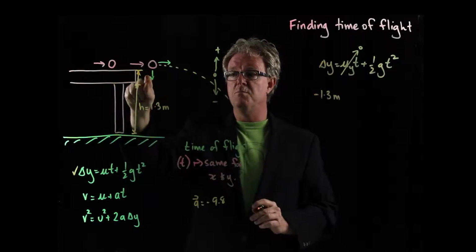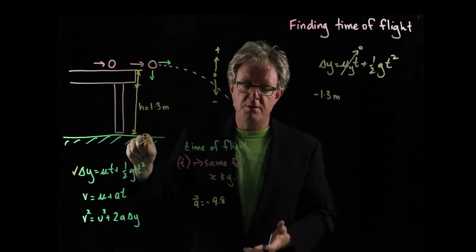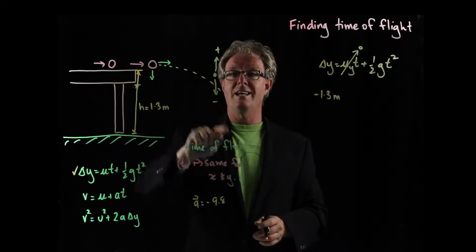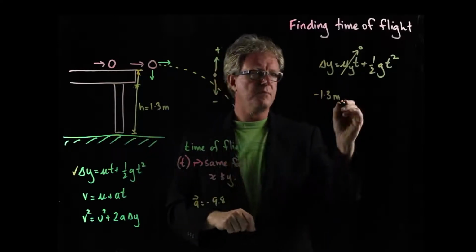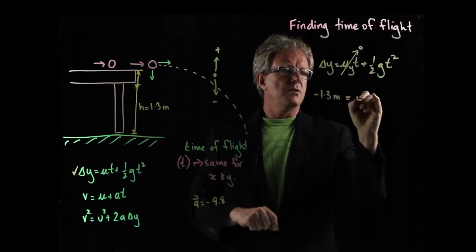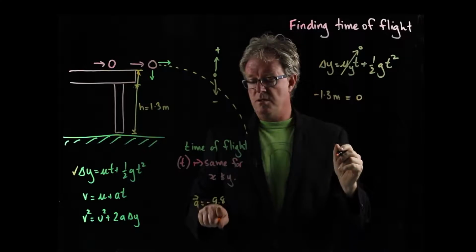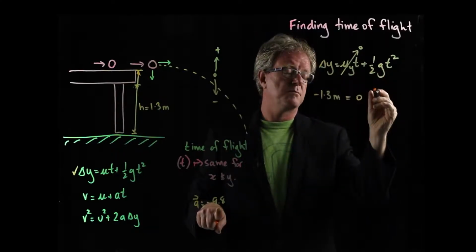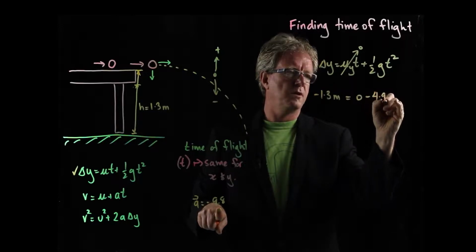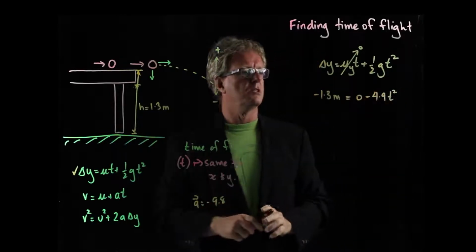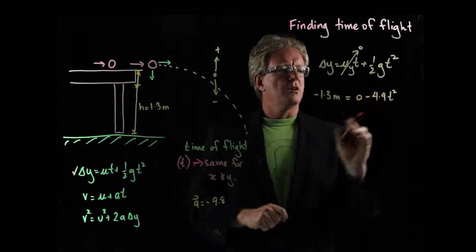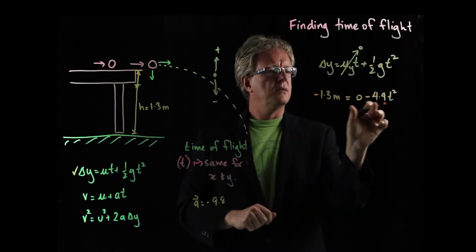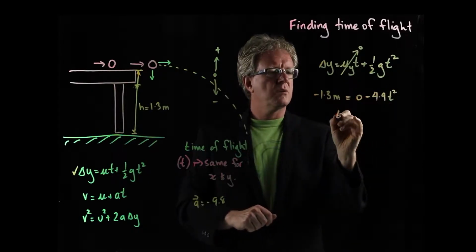So its displacement is minus 1.3 meters in that direction, and because it's negative, we've assigned it a negative value. This is 0. g is minus 9.8. So a half times minus 9.8 is minus 4.9, times t squared.